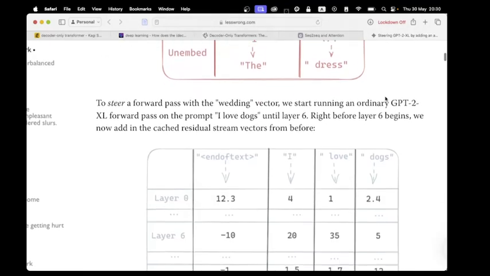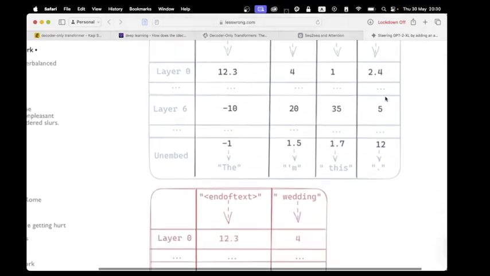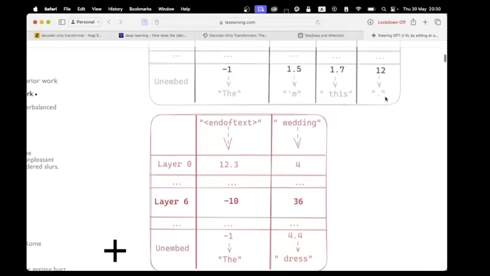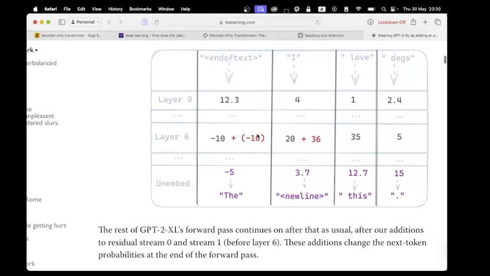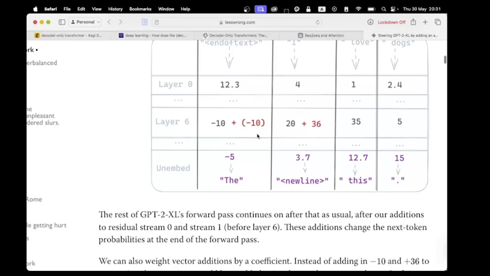Then we just add the activations together at layer 6, and something's going to happen. Is that all right? Okay. All right.